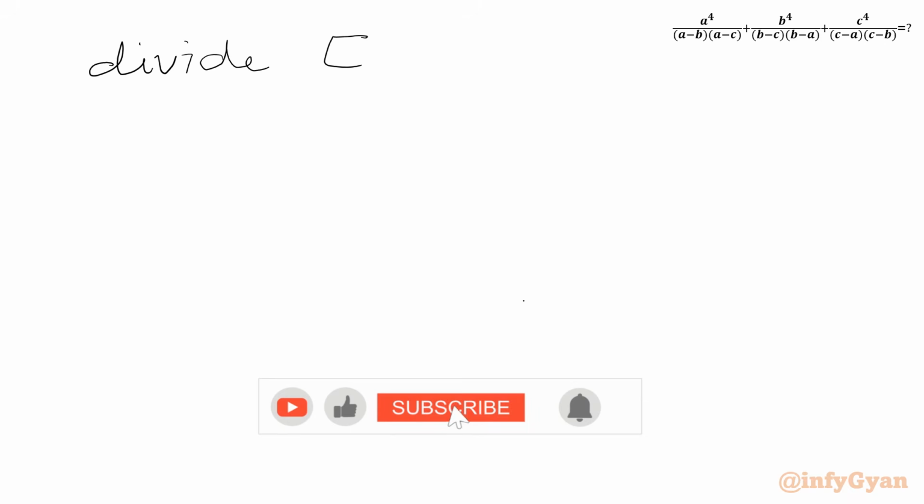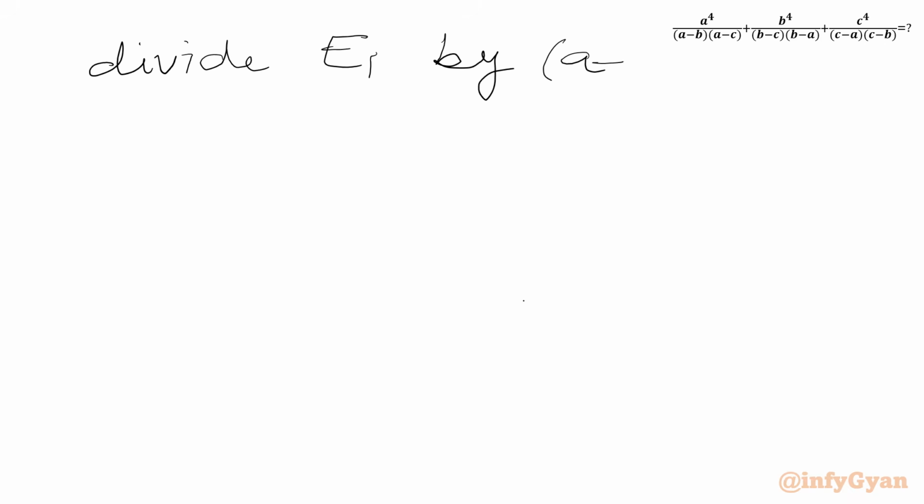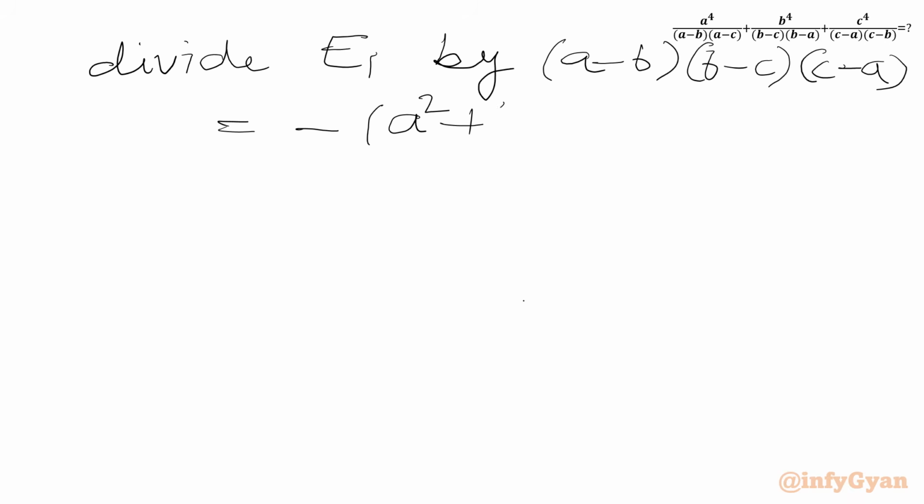Now I will divide E1 by A minus B times B minus C times C minus A. We are going to get this value coming out as minus of A square plus B square plus C square plus AB plus BC plus CA.